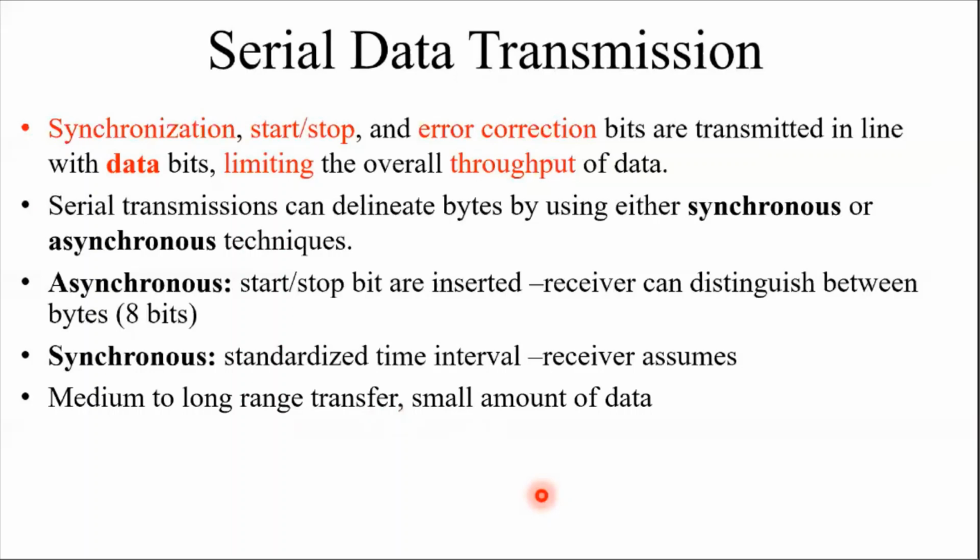Serial data transmission is usually used when the data has to be transferred over a medium or long range. Usually you can find that serial data transmission is used when the data is transferred over a longer distance.